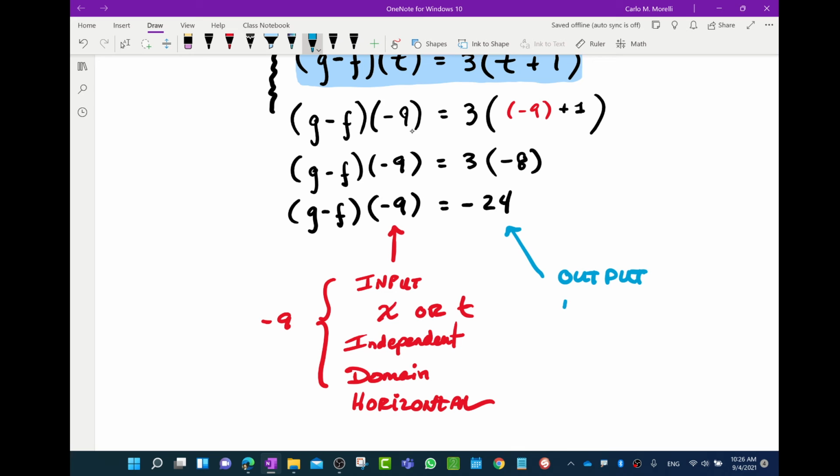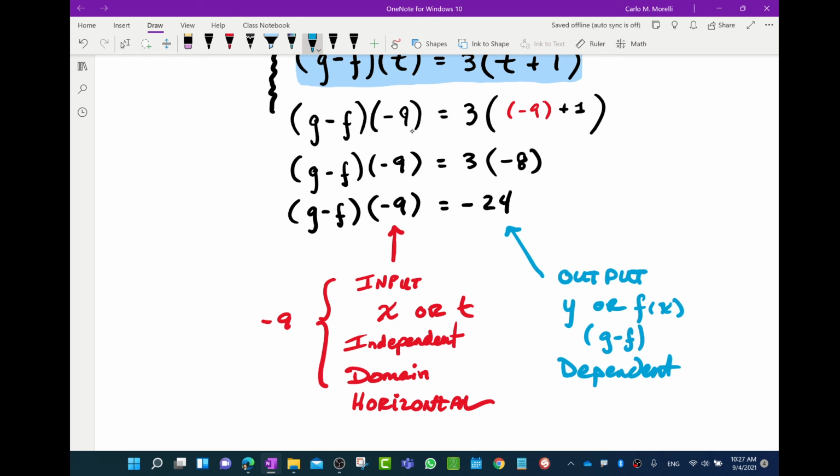That's what we typically call y, or f of x. Or in this case, we're calling it the difference of g and f. This is the dependent number.